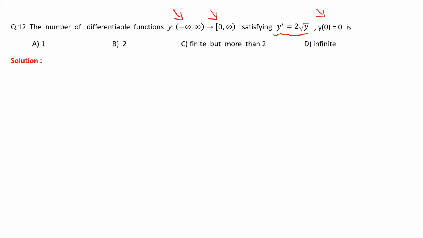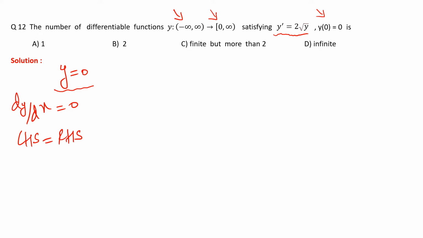Right? Now when we look at this differential equation, we can clearly see y equal to 0 is such a function that will always satisfy it. Why I'm saying this? Because when y is equal to 0, then dy by dx is obviously 0. So left hand side of this differential equation is obviously equal to right hand side.